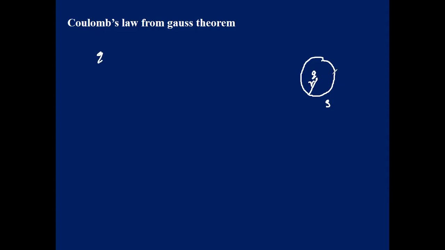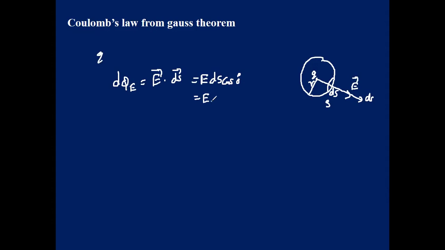Now, by symmetry, E has the same magnitude at all the points on S. Now, you can choose one ds as the surface element and E is the electric field radially outwards towards the ds. Now, d phi E is equal to E dot ds is equal to E ds cos 0 degrees, that is equal to E ds.